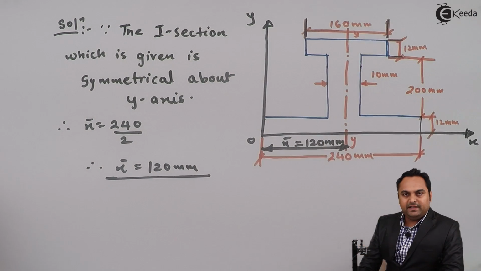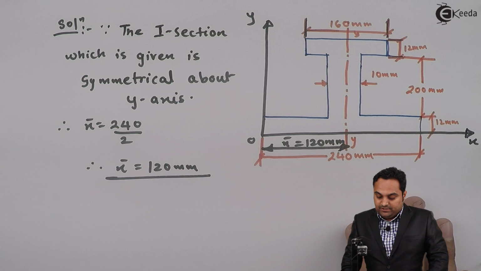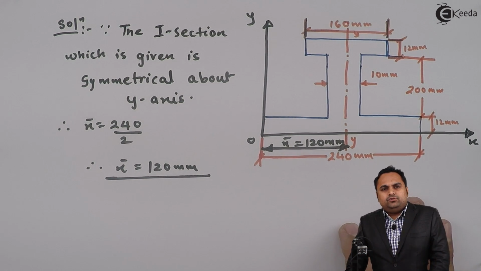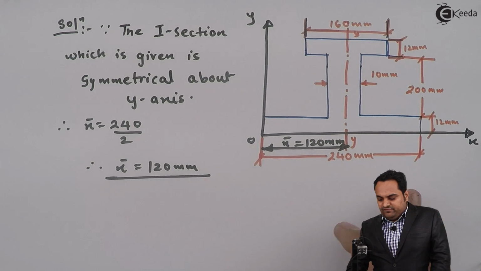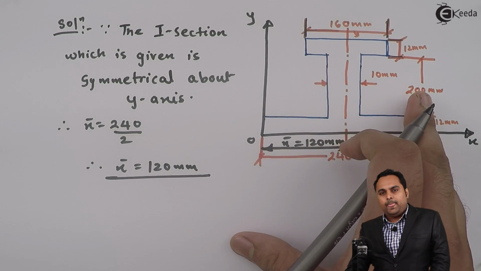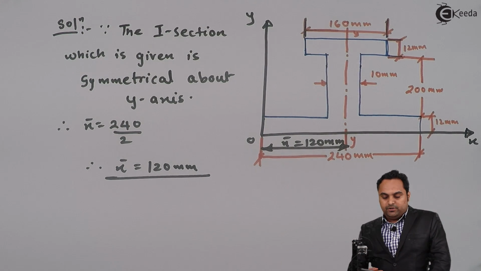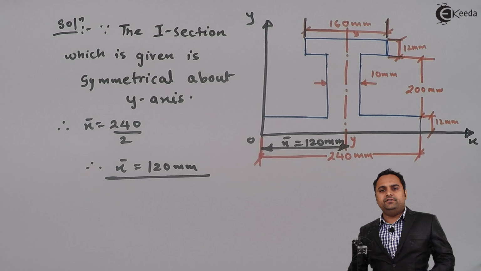Now after getting the y-axis for this unsymmetrical I section, the next thing is we should know where is the x-axis, and for that we should know the distance y bar. If y bar is known, x-axis is known, wherever x and y will intersect, that will give us the centroid, because without centroid we cannot proceed in the problems of moment of inertia.